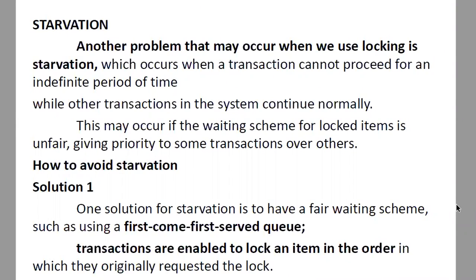There will be a queue of transactions, and whichever comes first is going to access the data item. The transactions are enabled to lock an item in the order in which they originally requested the lock. In whichever order the transactions requested locking a particular data item, in the same order they are going to be processed.